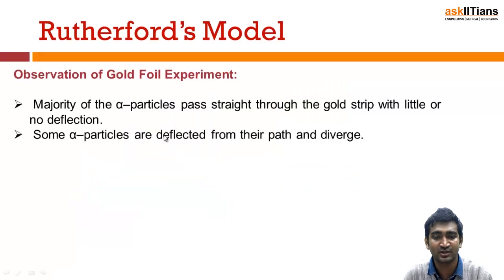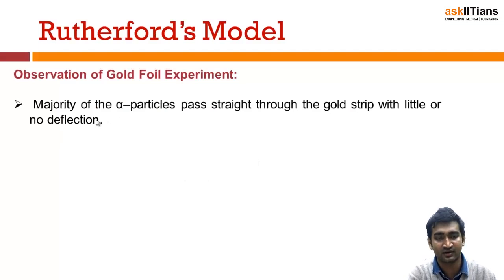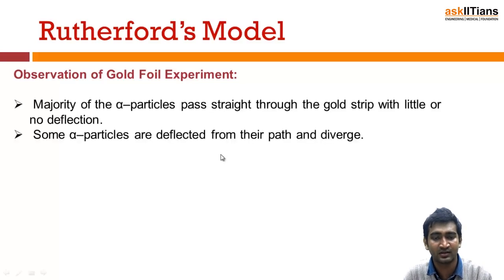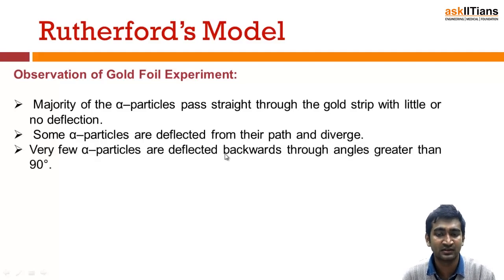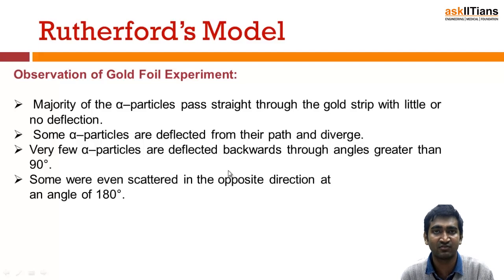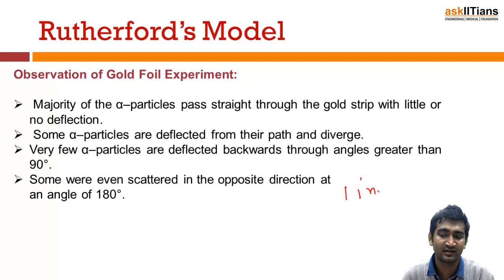These are again the observations which I have already told you. The majority of particles pass straight, and some of them were deflected from their path. Some got deflected by 90 degrees, and there were a few, about 1 in every 20,000, that seem to be deflected by 180 degrees.